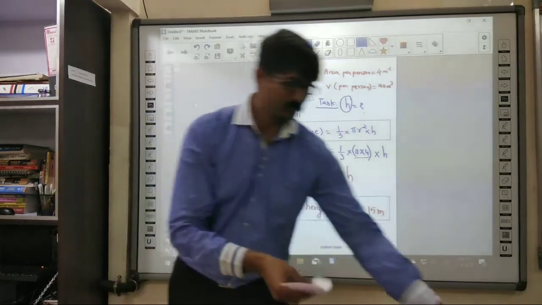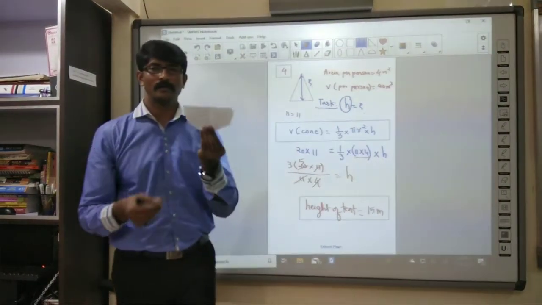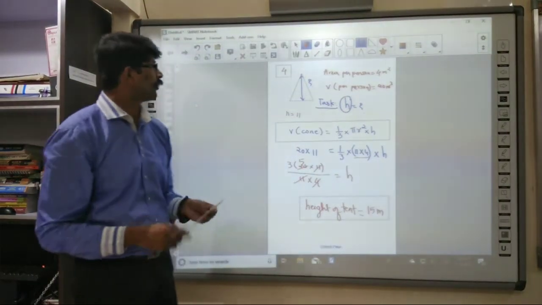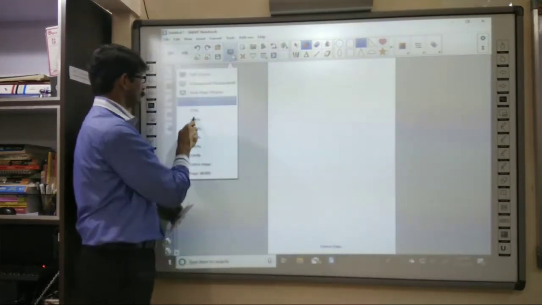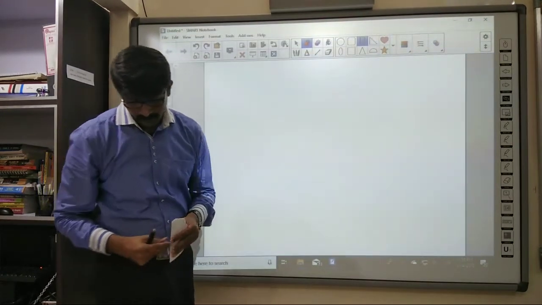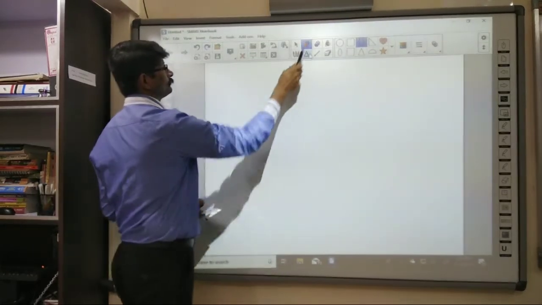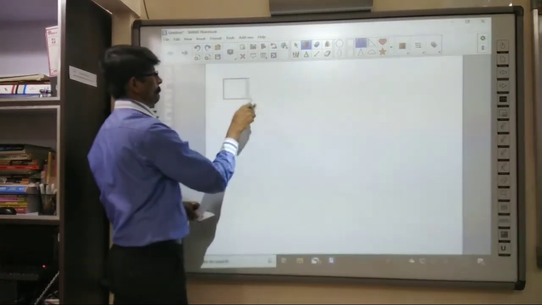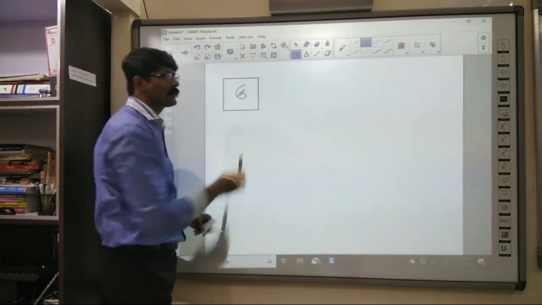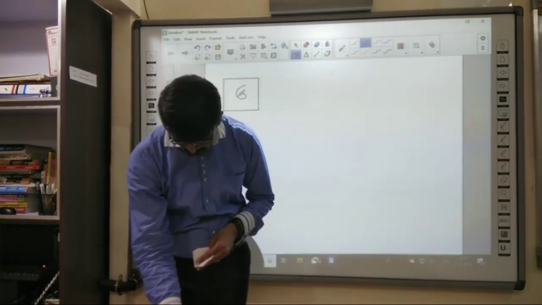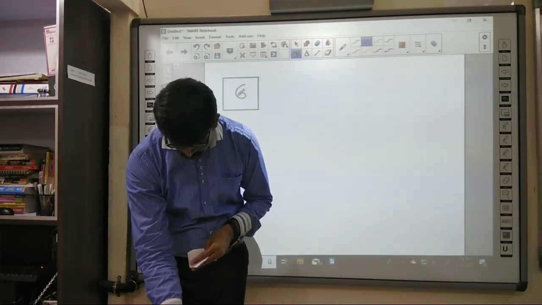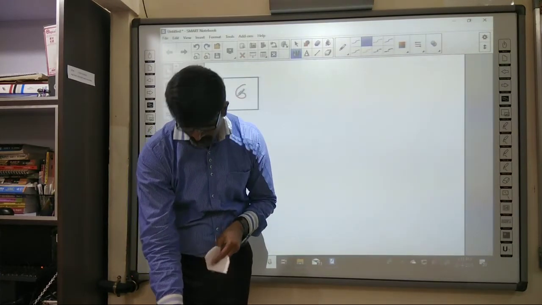A semicircular T-sheet is to be bent into the form of, okay, I'll write down the data and then I'll explain. See, let's read this sum number 6. A semicircular T-sheet of metal of radius 14 centimeters.